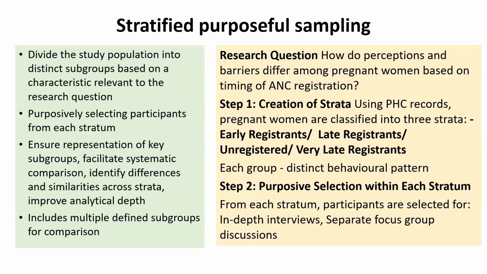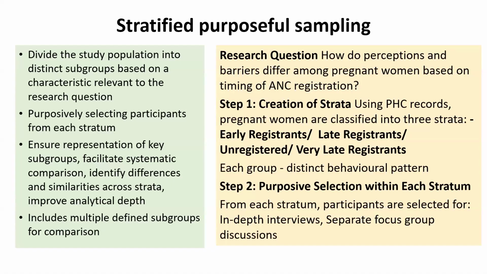Again, here the example is, how do perceptions and barriers differ among pregnant women based on timing of ANC registration? So when you are selecting pregnant women, you are going to select them as per the strata of the time of ANC registration. So you will select women who have registered early, late, or very late.